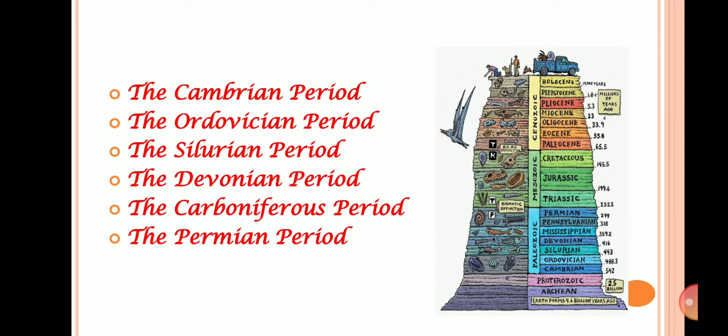Next, the Devonian period. This period has been named after the county of Devon in southwest England. It extended from 395 to 345 million years, having a duration of 50 million years. During this period, land areas increased at the expense of sea.